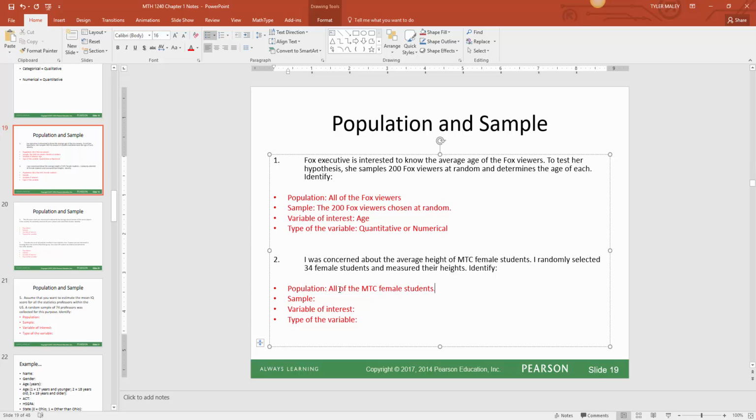We're not talking about all students, only the female students. The sample is the 34 randomly selected MTC female students. The variable of interest is height, and the type of variable is quantitative or numerical.